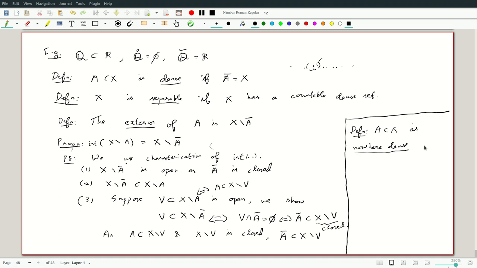A in X is nowhere dense if the exterior of A is dense. In fact, you can say it is a dense open set. As an example, if I look at R inside R2, this is nowhere dense.